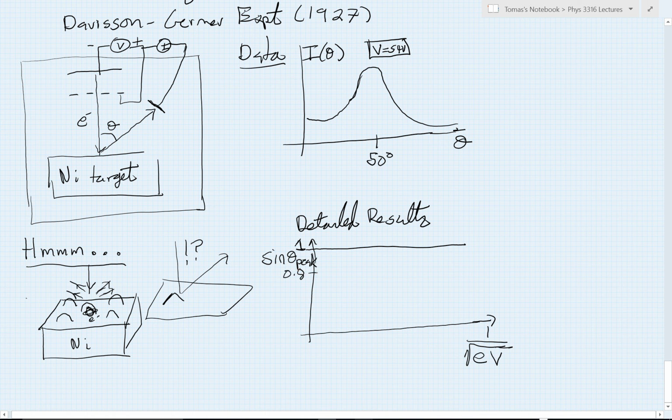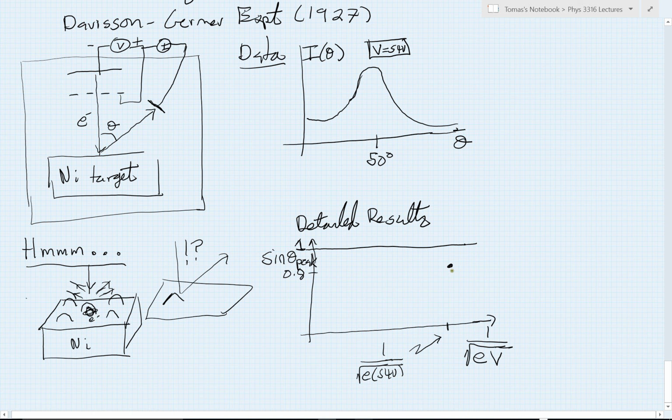And then you come to a point, say here, where this x-axis corresponds to 1 over the square root of E times, as we said, 54 volts. And that would correspond to the experiment that you see up here. Now what's interesting is if I increase this voltage, that would tend to move me more towards 0 along this axis.